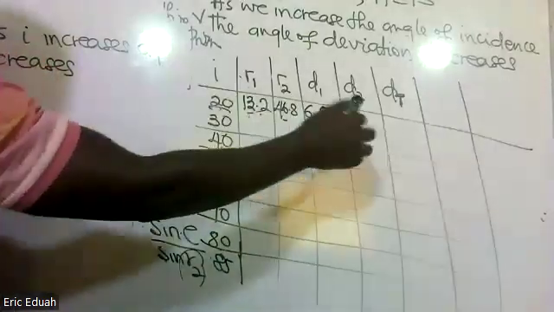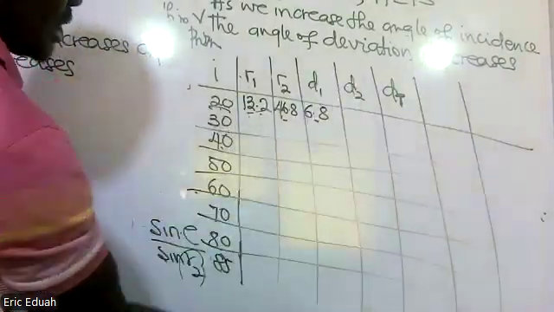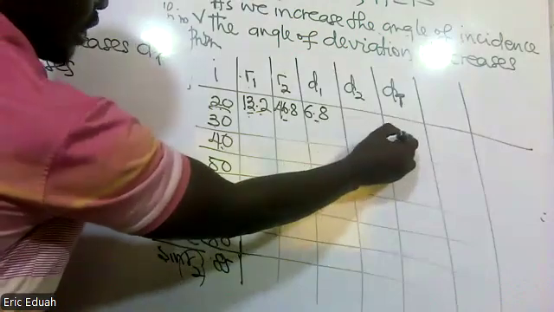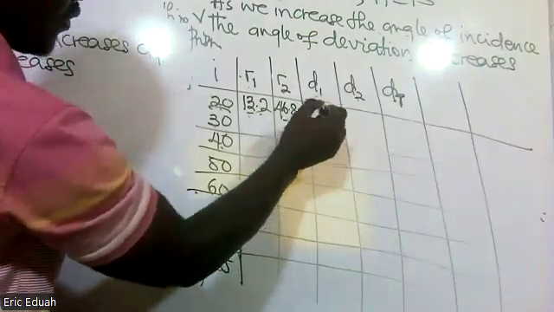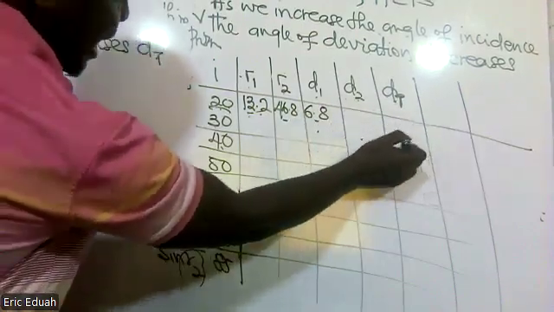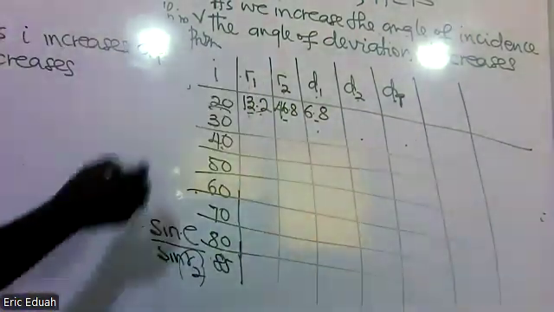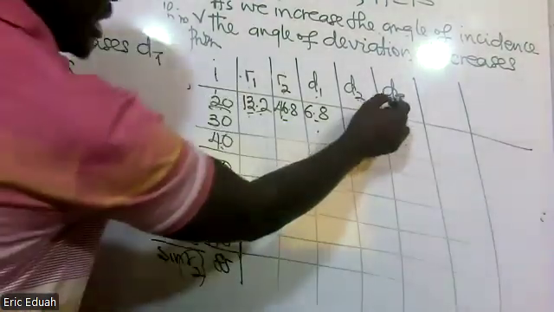You see it when you complete the table. Okay. Don't forget D total will be D1 plus D2. So whatever you get for D1, D2, when you add, it will give you this. And so you realize that as I increases, this one decreases.